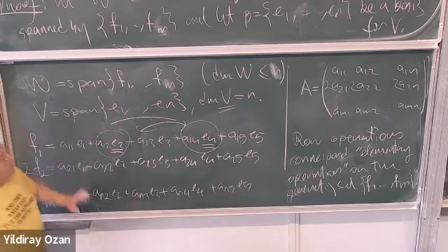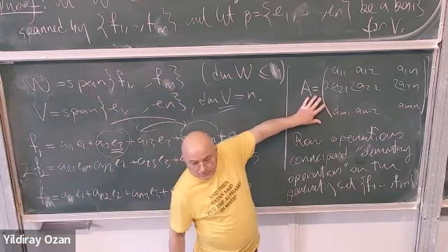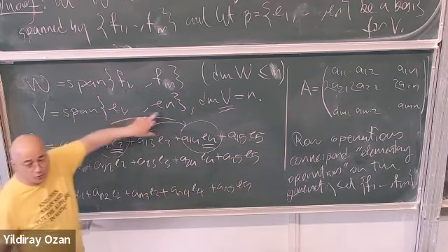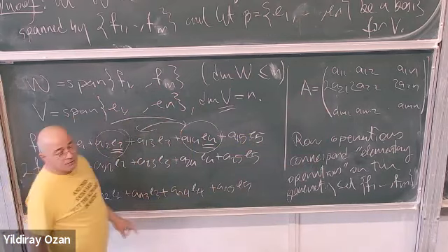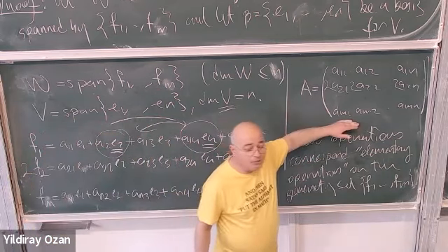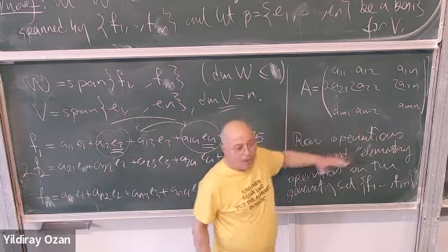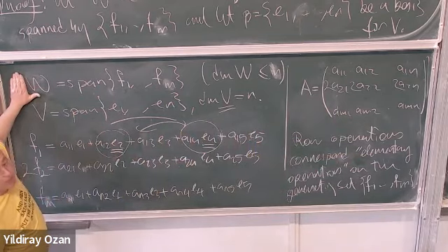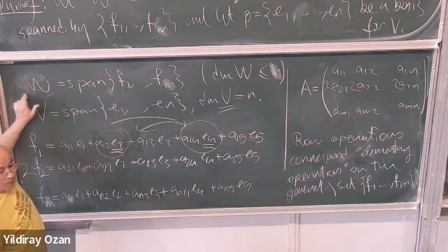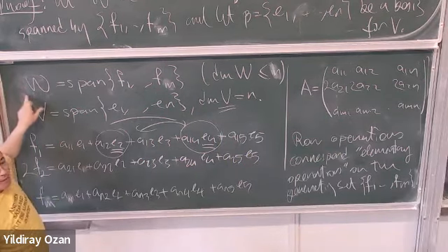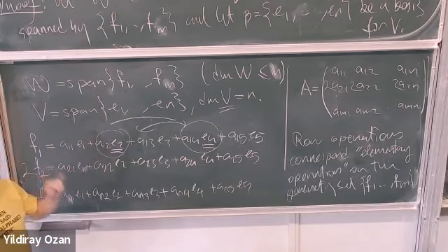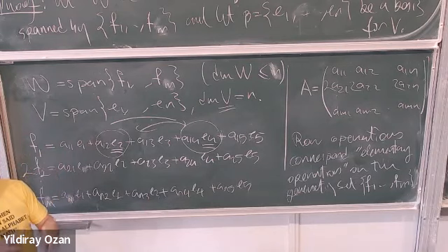They correspond to row operations on this matrix. Or you may apply elementary operations on this basis that will correspond to column operations on this. And row operations don't change W at all. Column operations change W, but they are all isomorphisms, therefore its dimension doesn't change. The subspace changes, but dimension doesn't change.